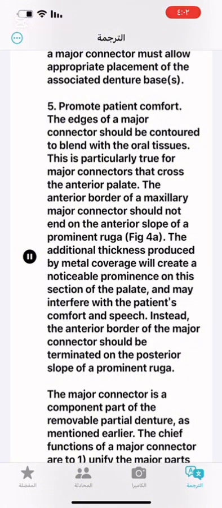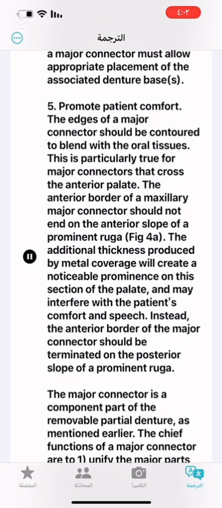Fig. 6. 3. The borders of the major connector should run parallel to the gingival margins of the remaining teeth. 4. The major connector should be as symmetrical as possible.